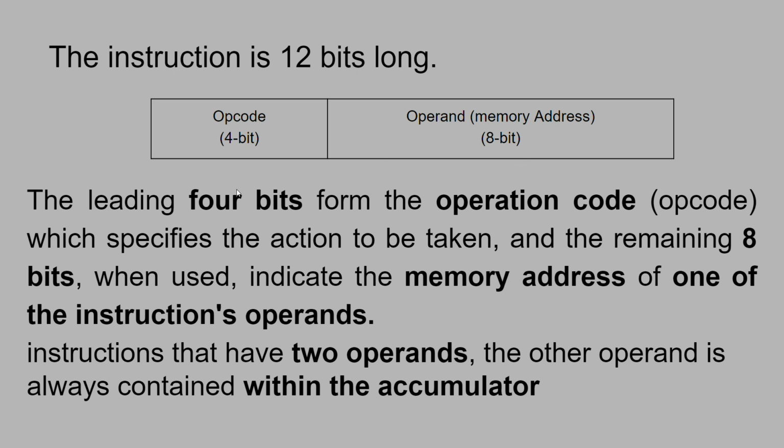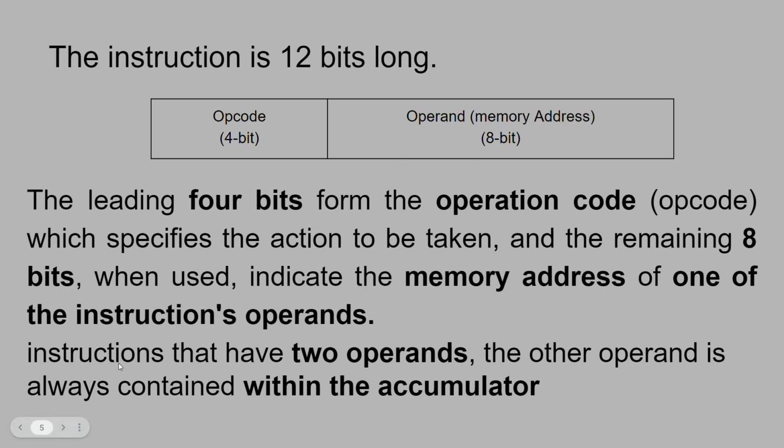So the instruction is 12 bits long. The first 4 bits represent what operation needs to be performed, and the next 8 bits tell me on what particular data I need to perform that operation, where that data is stored in my memory. That address is given by the next 8 bits.